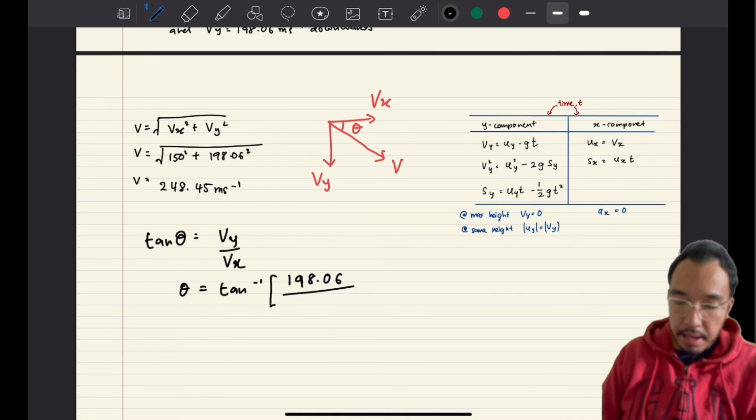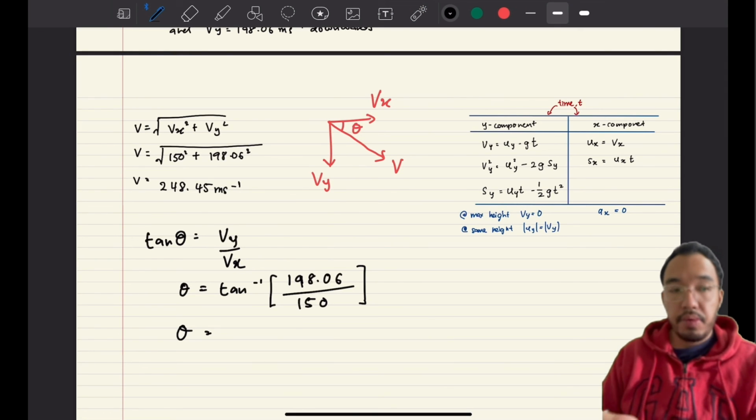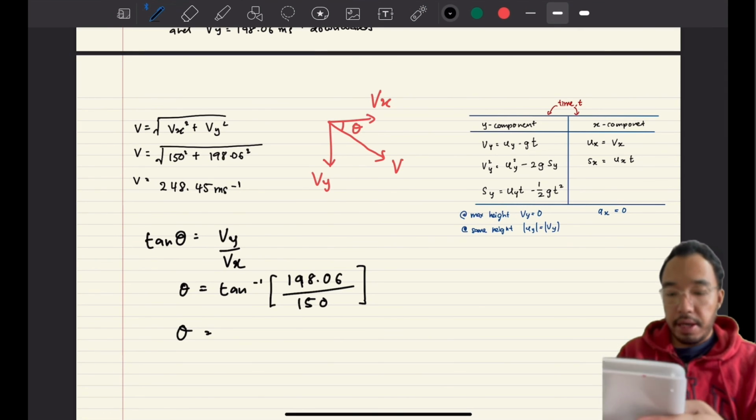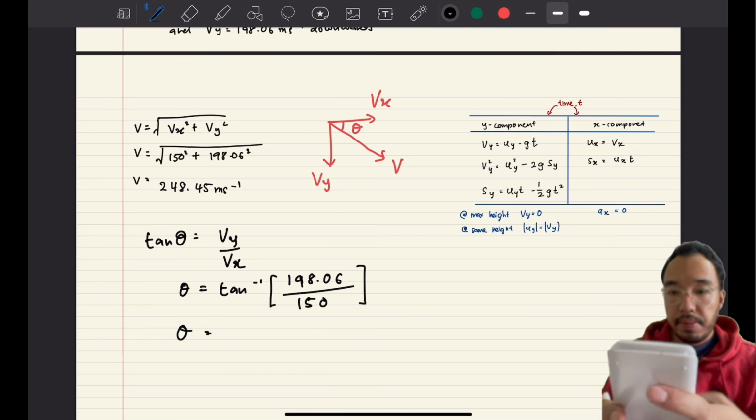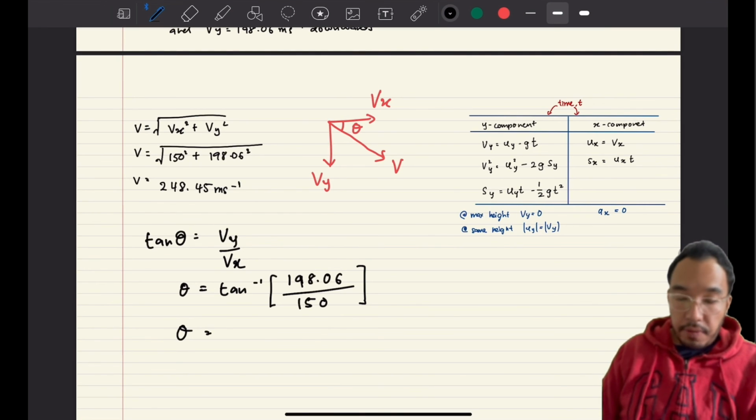Okay, again, notice that I didn't put any negative in there because I just want to calculate the magnitude here. We already drew here, so we know the position of theta should be there, so I don't have to put the negative inside the calculation. Okay, I got here 52.86.